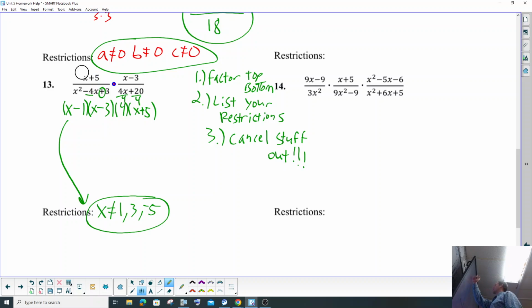Because we have an x plus 5 here and there, and it's multiplied, we can cancel it here and here. Smartboard's acting up today, guys. And x minus 3 and x minus 3.